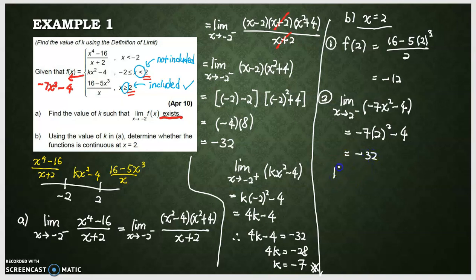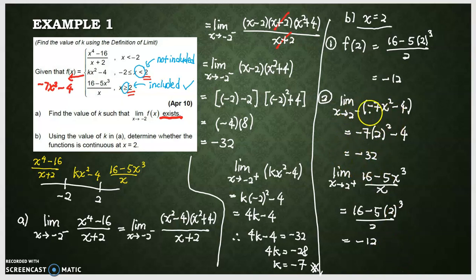Then we try to find the right hand limit, when x approaches 2 from the right hand side. The function is 16 minus 5x cubed over x. We already substituted the value here: 16 minus 5 times 2 cubed over 2, which is negative 12. You can see that the left hand limit is negative 32 and the right hand limit is negative 12.